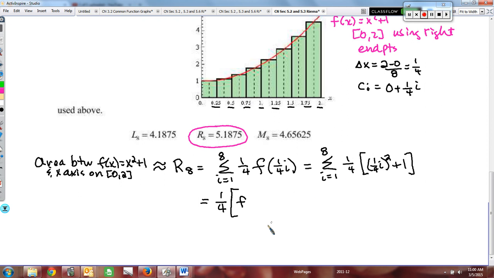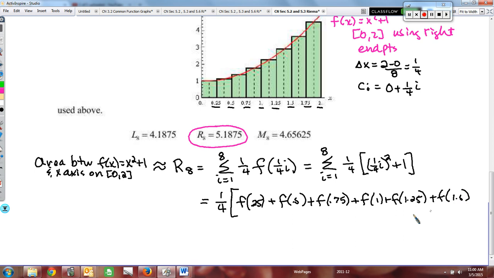I could put it actually in the formula, but usually you just go, oh, it's going to be f of 0.25 plus f of 0.5 plus, and you continue plugging in each of your right endpoints, f of 1, f of 1.25, f of 1.5, f of 1.75, and f of 1.